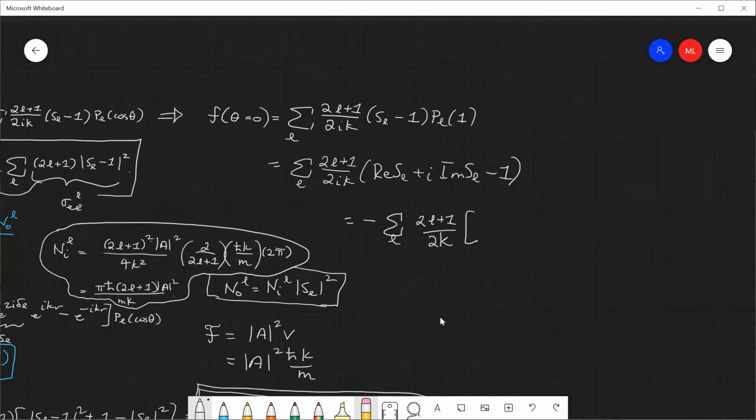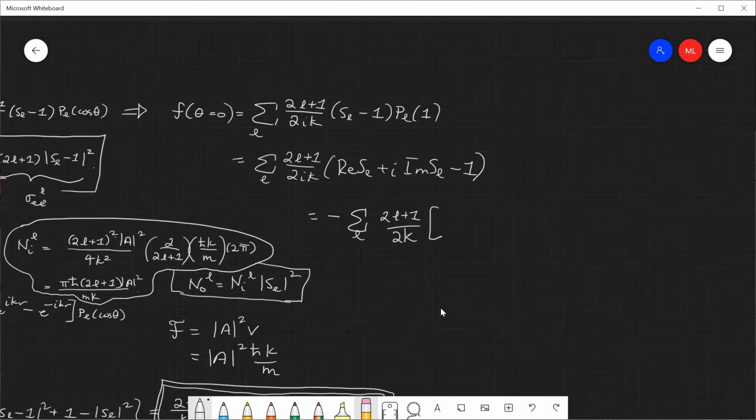I get I times the real part of S sub L plus I imaginary part of S sub L minus I. Oh, sorry.